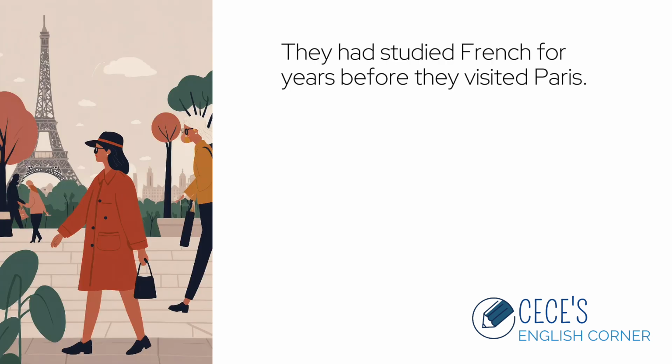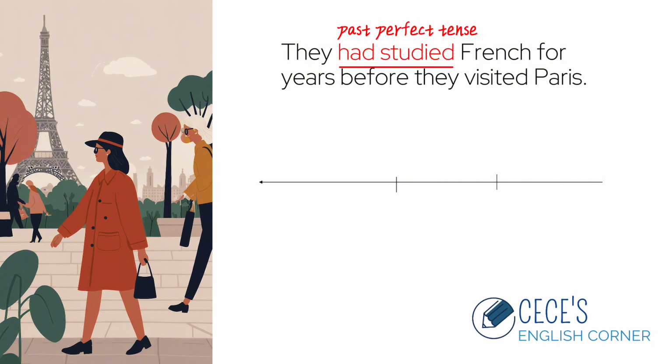They had studied French for years before they visited Paris. Can you identify the past perfect tense in this sentence? It looks like the first part of the sentence uses the past perfect tense. They had studied French for years, so we know this event happened first, and then they visited Paris.